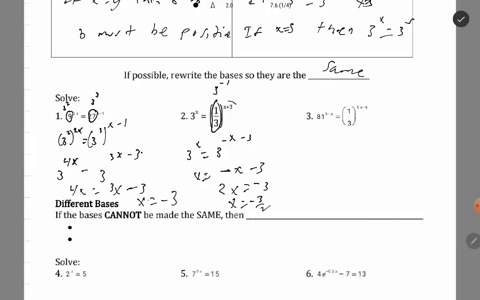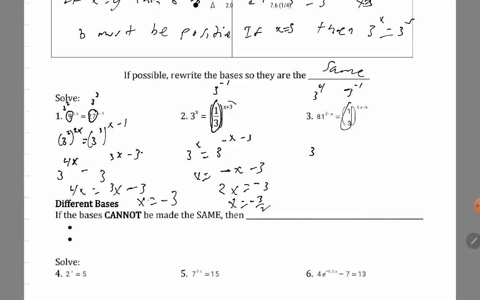Number 3. This 81 is secretly 3 to the 4th. This is 3 to the negative 1. So this is 3 to the... Is that an 8 there? No, let's see what that is. That's a 3.